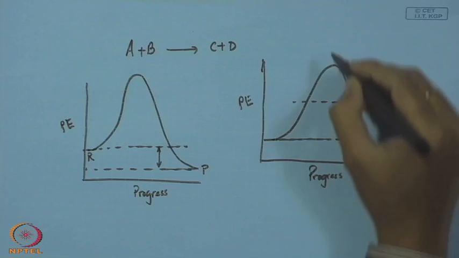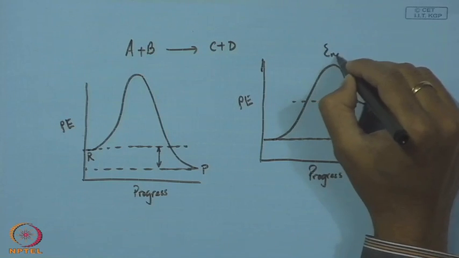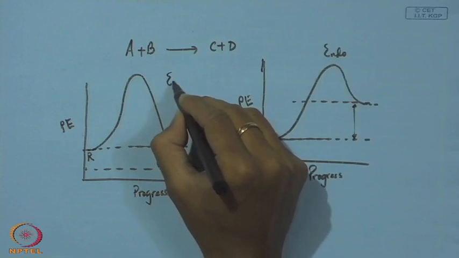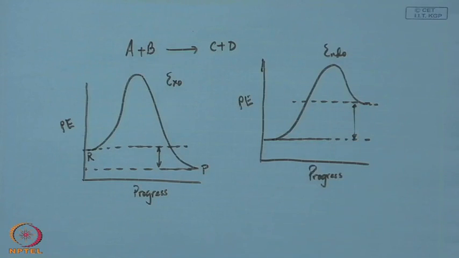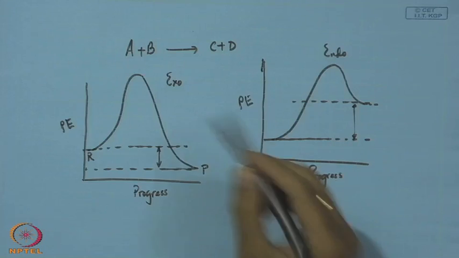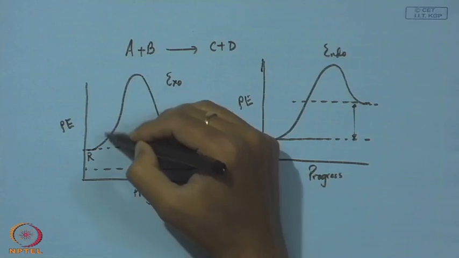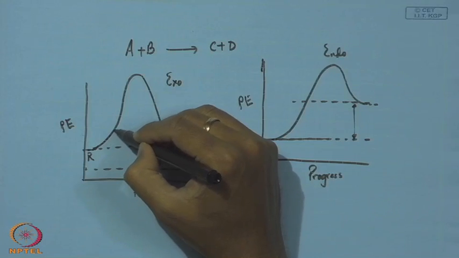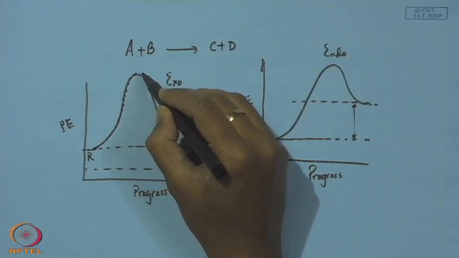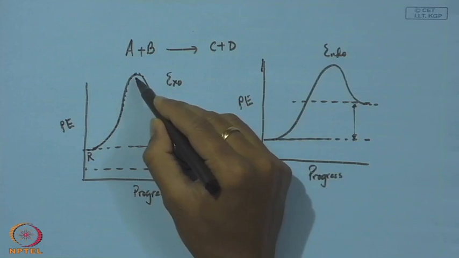Okay. So, this is an endothermic one and this is an exothermic one, and in both cases I have drawn diagrams where, as the reaction progresses, the energy rises up, then it reaches a top and then again it falls down. Okay.